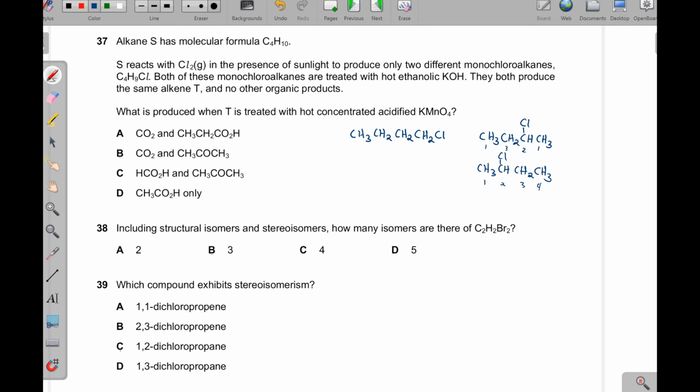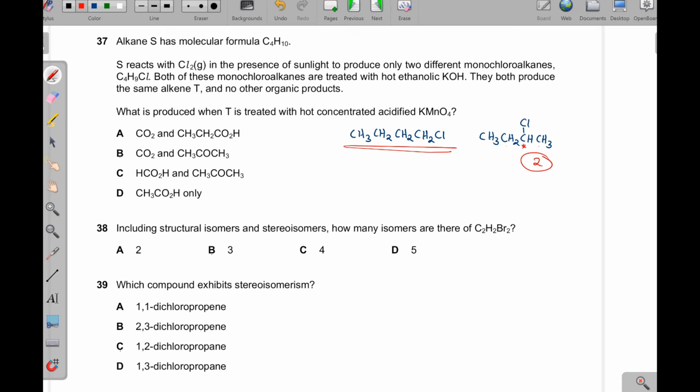How many groups does it have? We can see a CH3, that is 1. There is this ethyl group, that is 2. There is chlorine, that is 3. And then there is hydrogen. So those 4 groups are different. That means this carbon here is a chiral center, so it has 2 optical isomers.